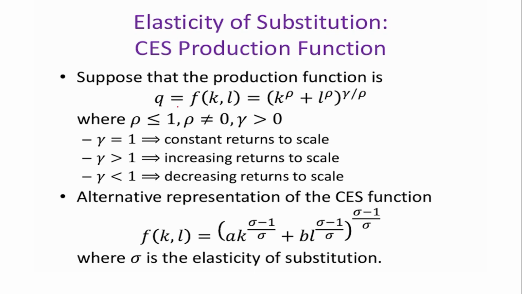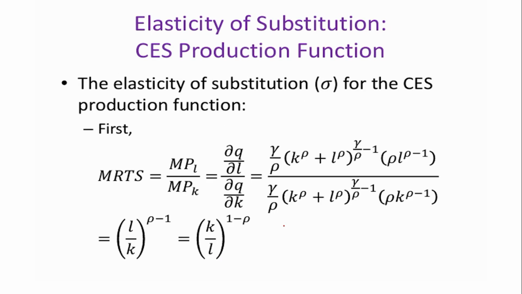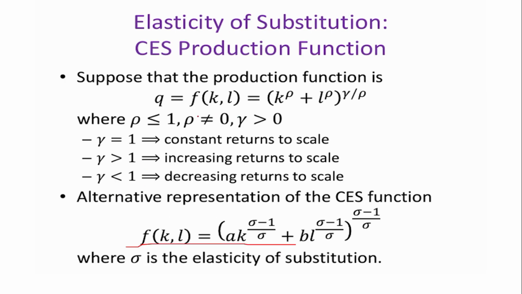Alternatively, we can represent the CES production function like that. We can take MRTS as MPL divided by MPK from this function.